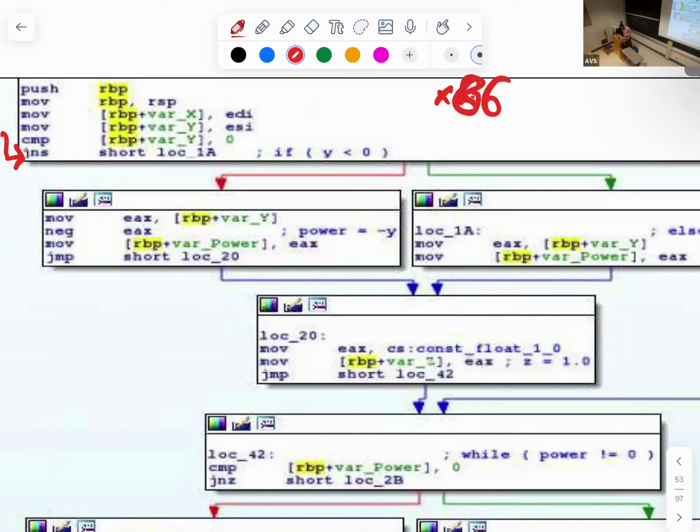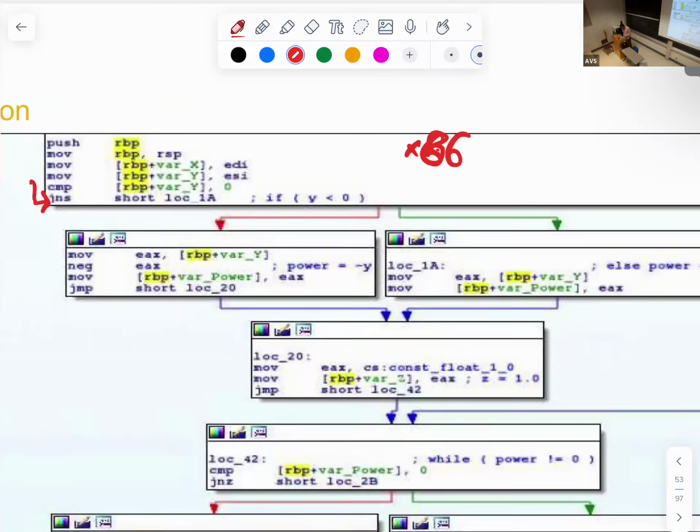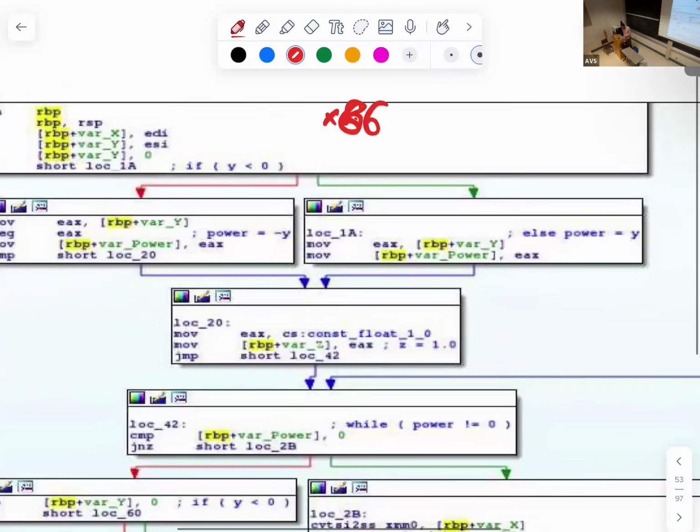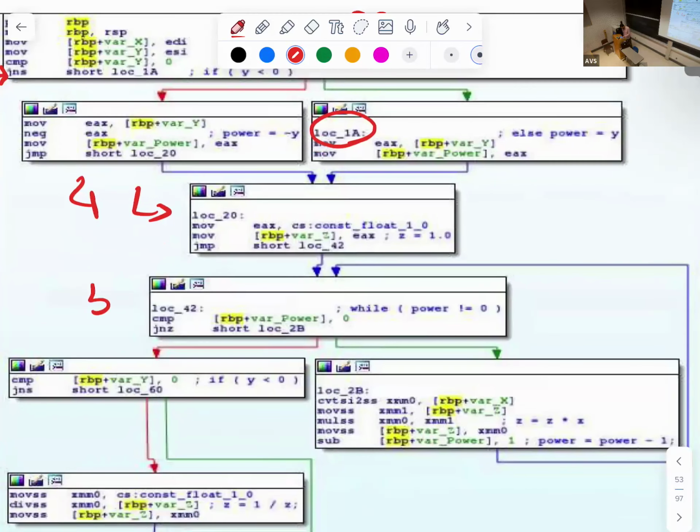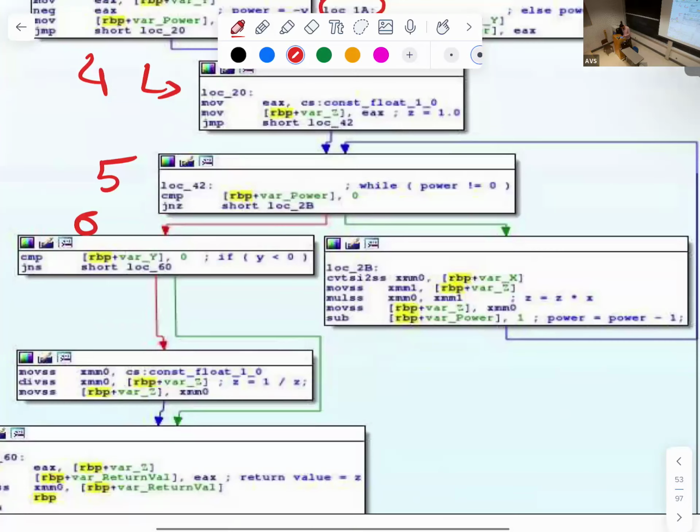You don't need to be, but of course here is the first if-then-else, and as you can see, you usually have these location labels. And then from there you go to your 4. So this is your 4, this is your 5, this is your 6, this is your 7.